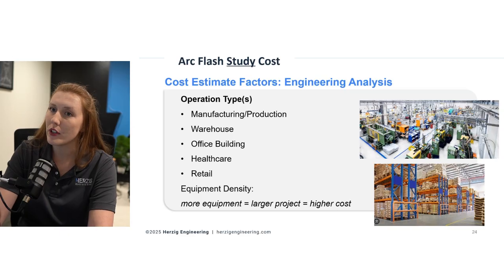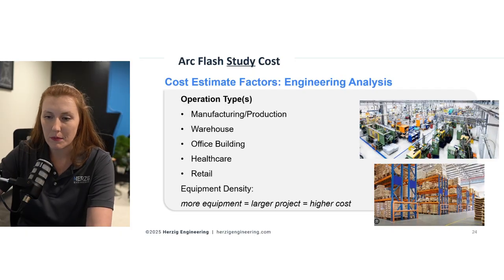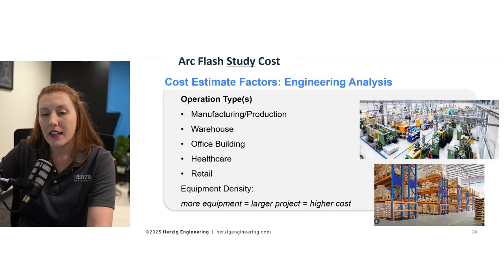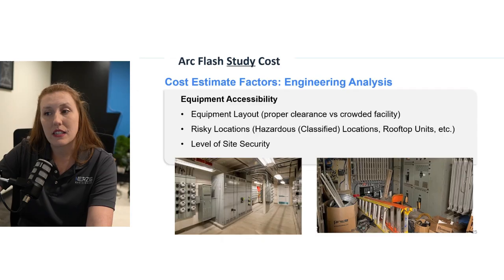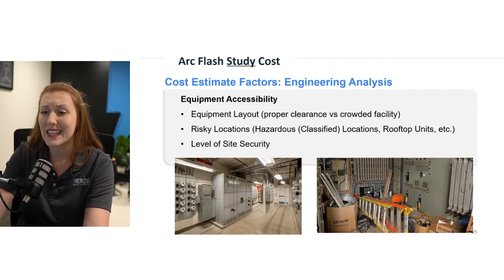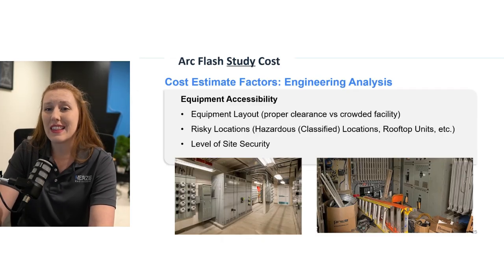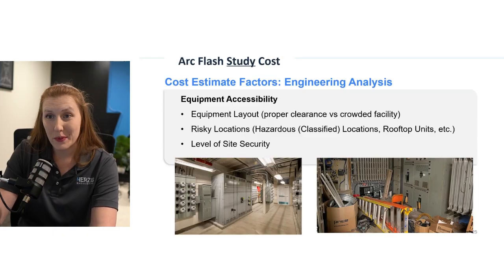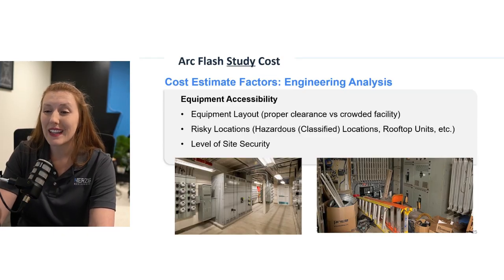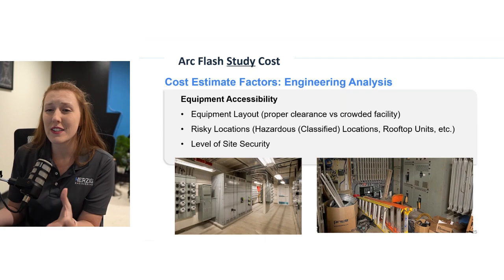How much of that square footage has electrical equipment in it? The more equipment, the larger the project, the higher the cost. Makes sense. The next big factor is equipment accessibility. How easy is it for us to even access that enclosure? For example, here, the picture on the left, we walk in and think, oh, chef's kiss, this is phenomenal.